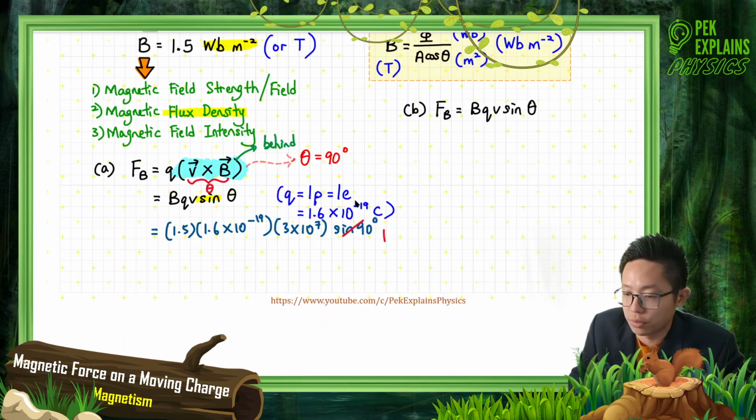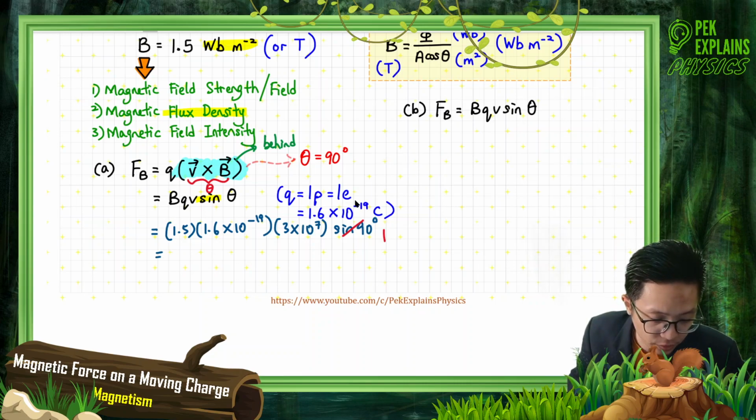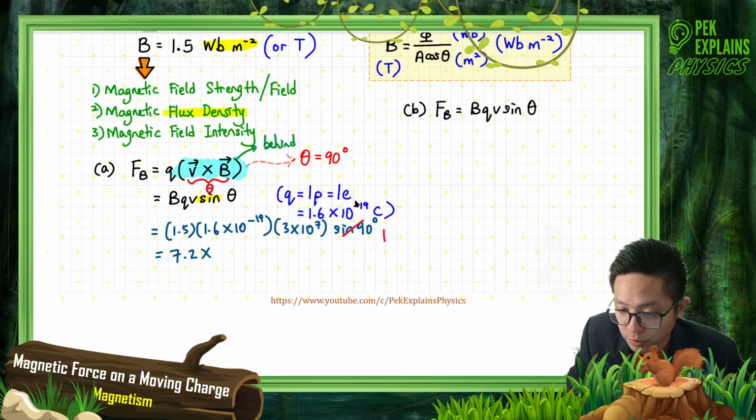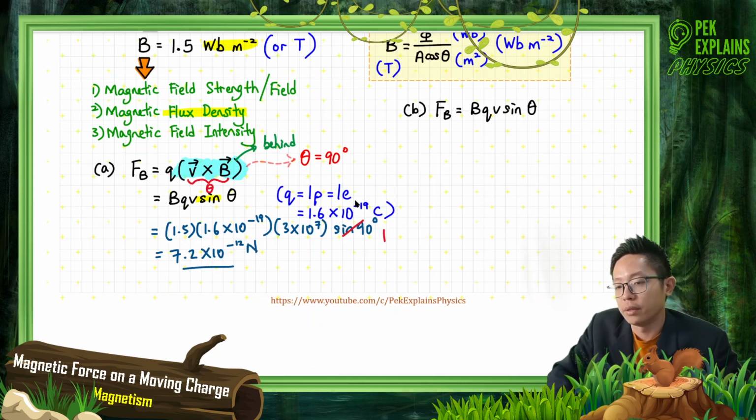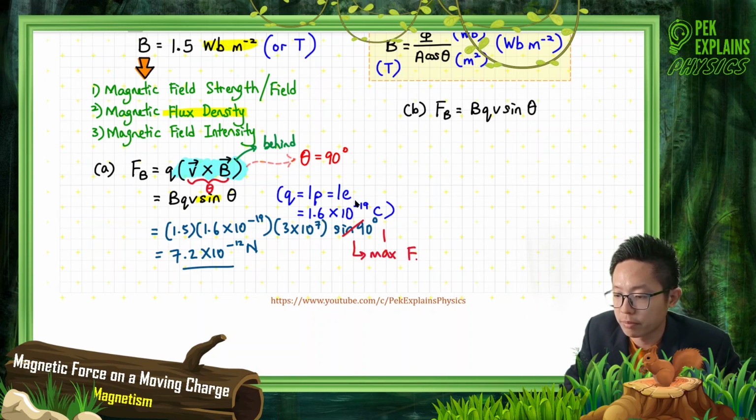So what's the answer? I get 7.2 × 10^-12 Newton. So actually, whenever you have a sine 90, it is considered to be the maximum force.